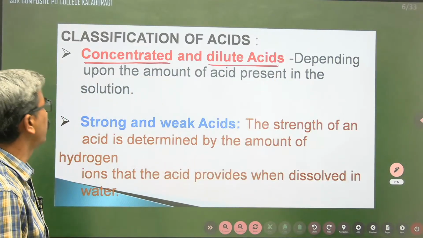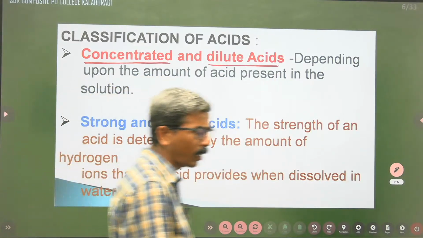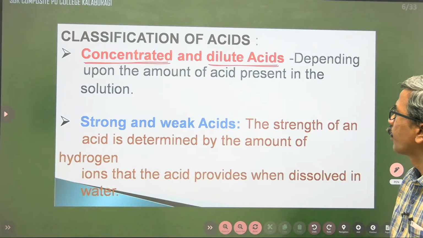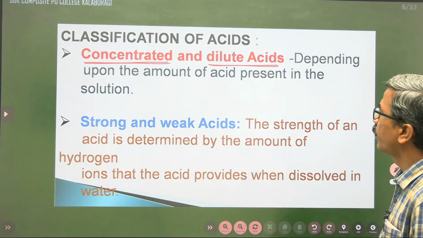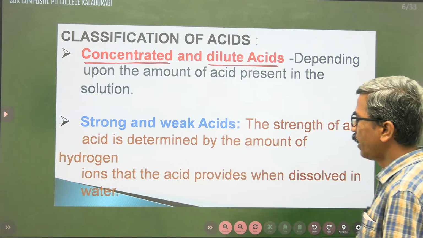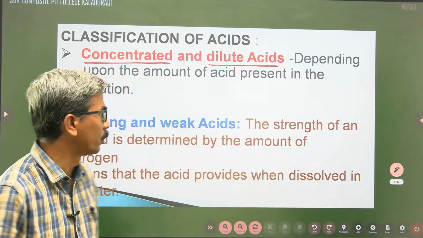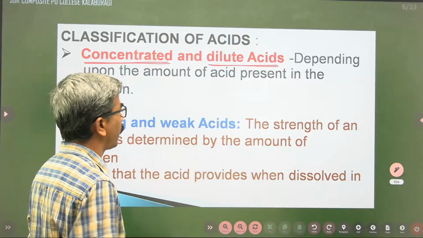Now what is the basis, what are concentrated acids and what are dilute acids? It depends upon how much amount of acid is present. Suppose I take one simple example.